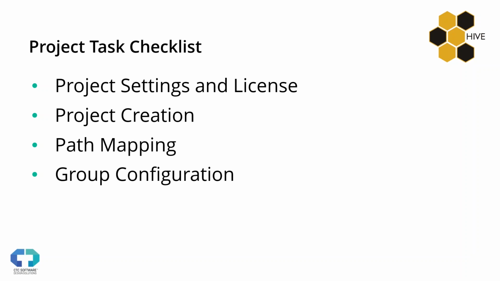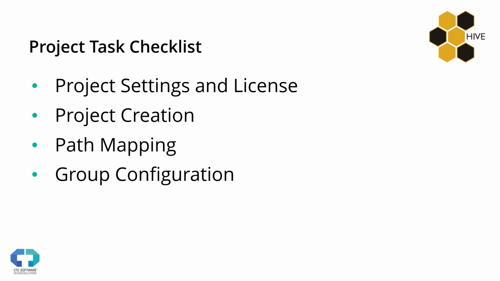There's project settings and getting your license file. There's project creation, path mapping as users are opening and saving projects, and access group configuration. We've already talked about groups a little bit. We're going to talk about this in relation to projects directly.